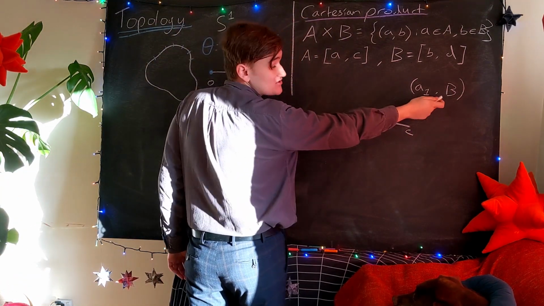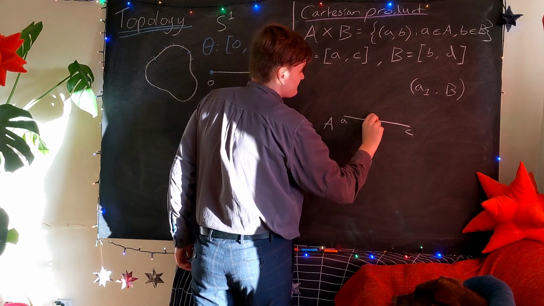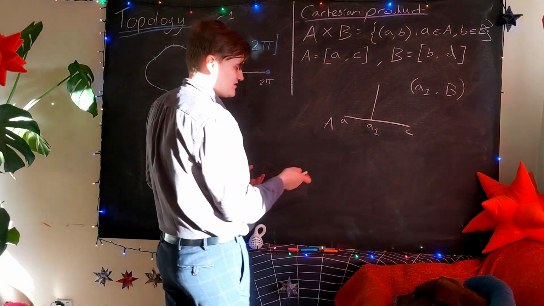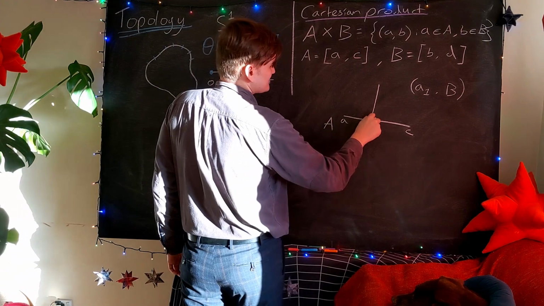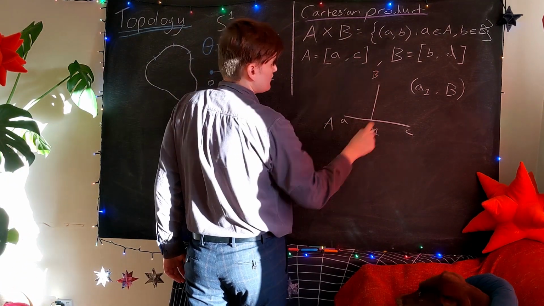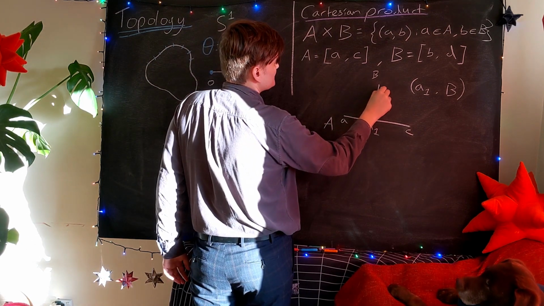Well, we are essentially attaching an entire copy of B to the element A. This might feel a little bit strange, but what I've drawn here, this line essentially represents all the possible pairs of the element A1 from A with every element in B.